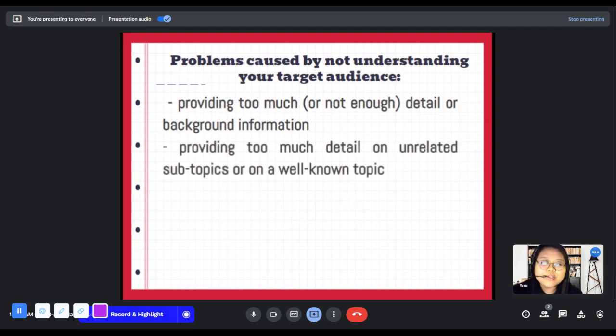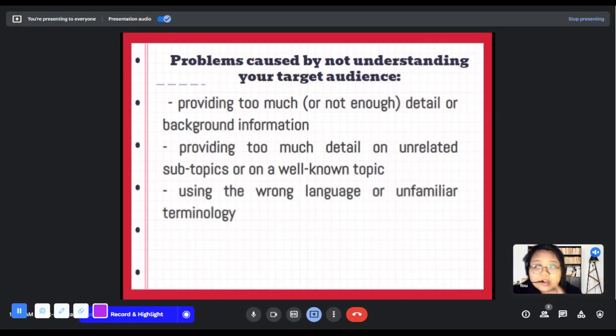Next, you're going to provide too much detail on unrelated subtopics or on a well-known topic. That's something that we want to avoid, because we want to give out information that is necessary and needed only, and not focus too much on irrelevant thoughts or ideas.